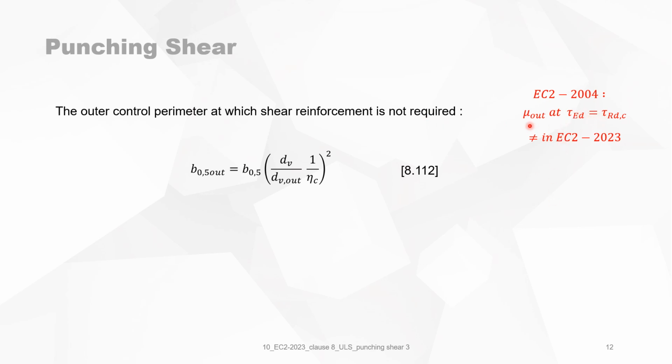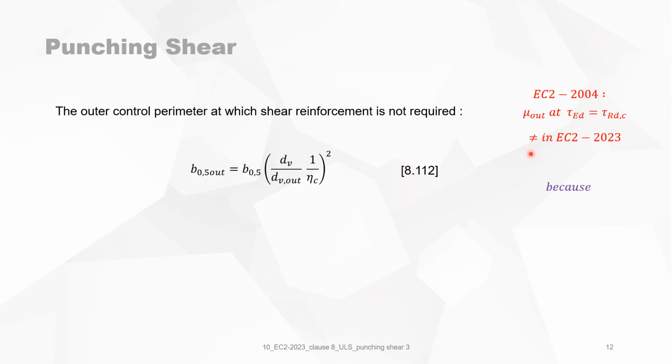But this is strange, because if this is the definition of u_out, or of beta 0.5,out, one could expect, because it says the outer control perimeter at which shear reinforcement is not required, that this condition would apply.